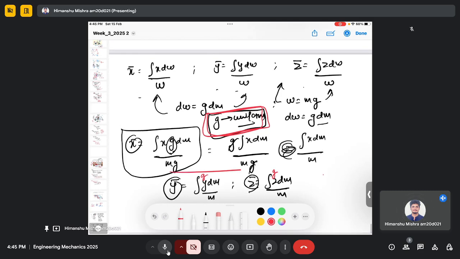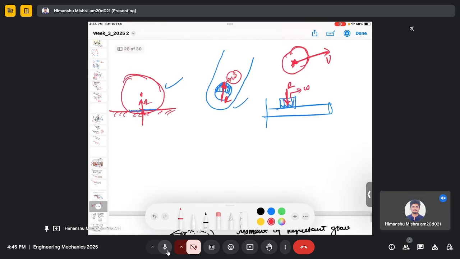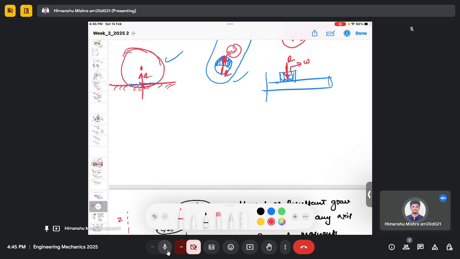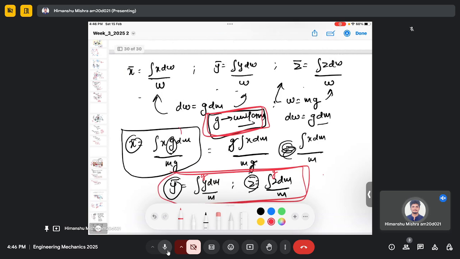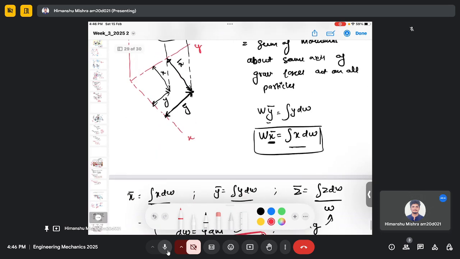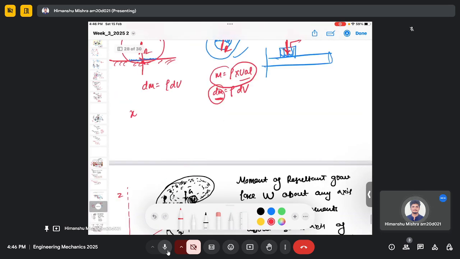Again, we can use this expression. So if I write dm as rho dV, mass can be given as density multiplied by volume. So dm will be rho, and small volume I'm writing as dV. If I use these two equations here, then I can write an alternative expression of the center of mass.